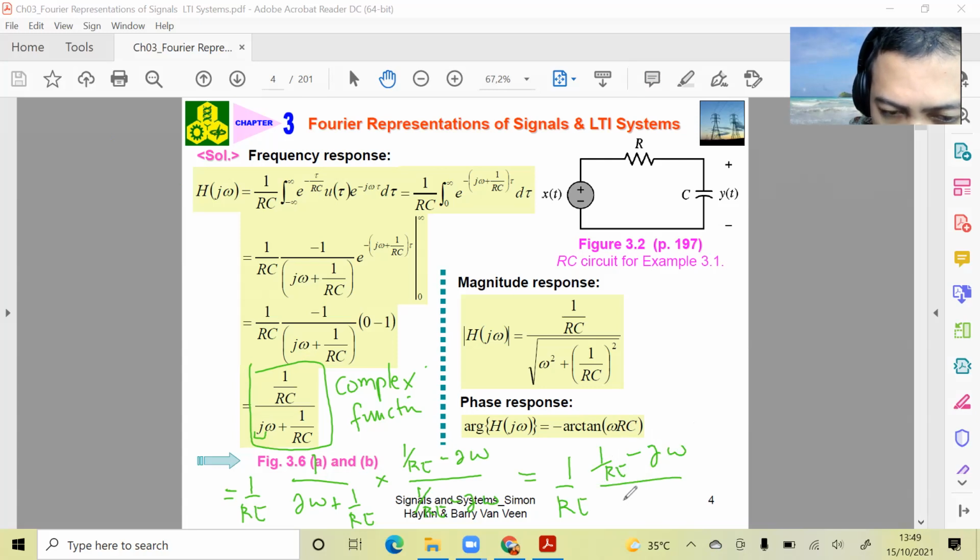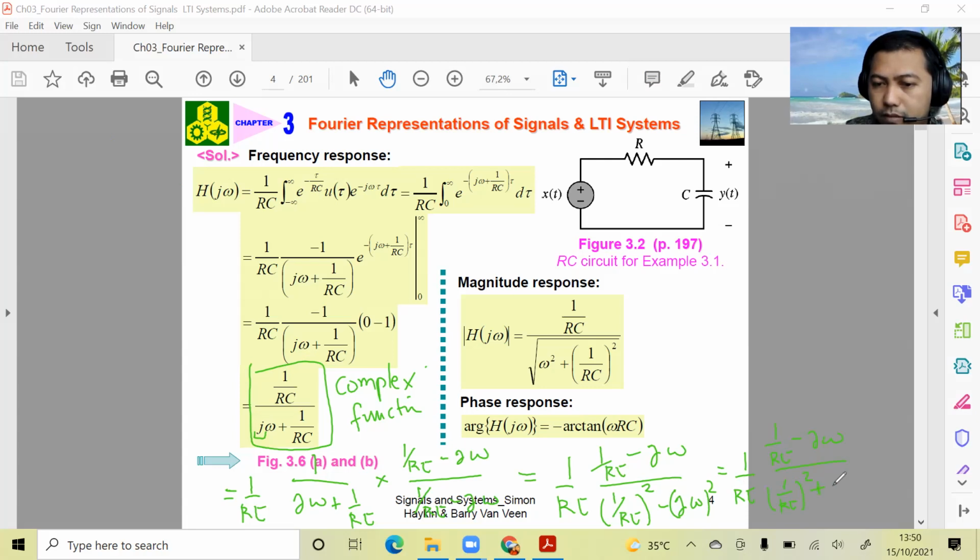So this becomes RC minus jω, and the denominator is RC squared minus (jω) squared, right? So it becomes RC minus jω over, and we can plus like this, right?